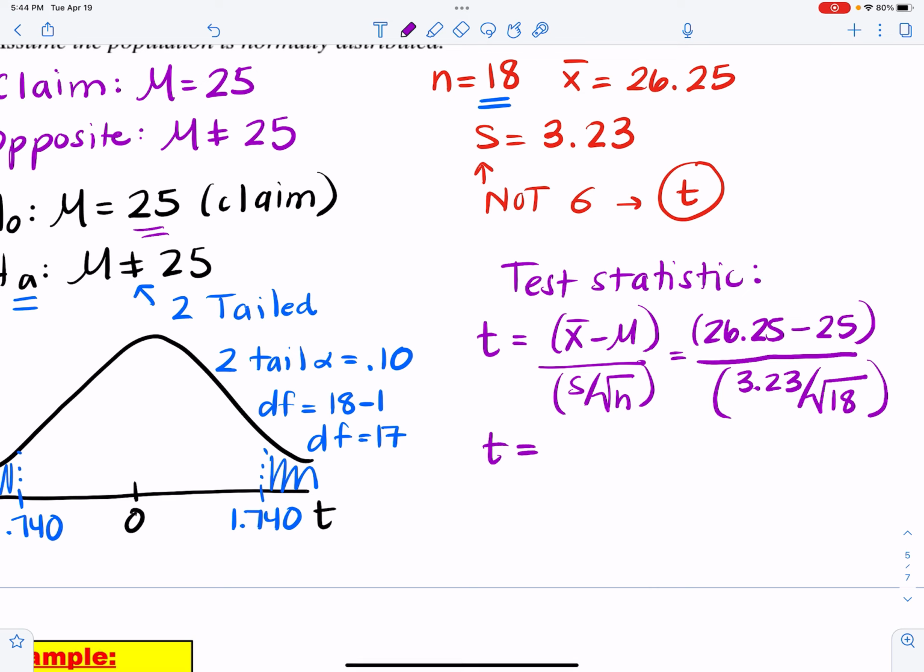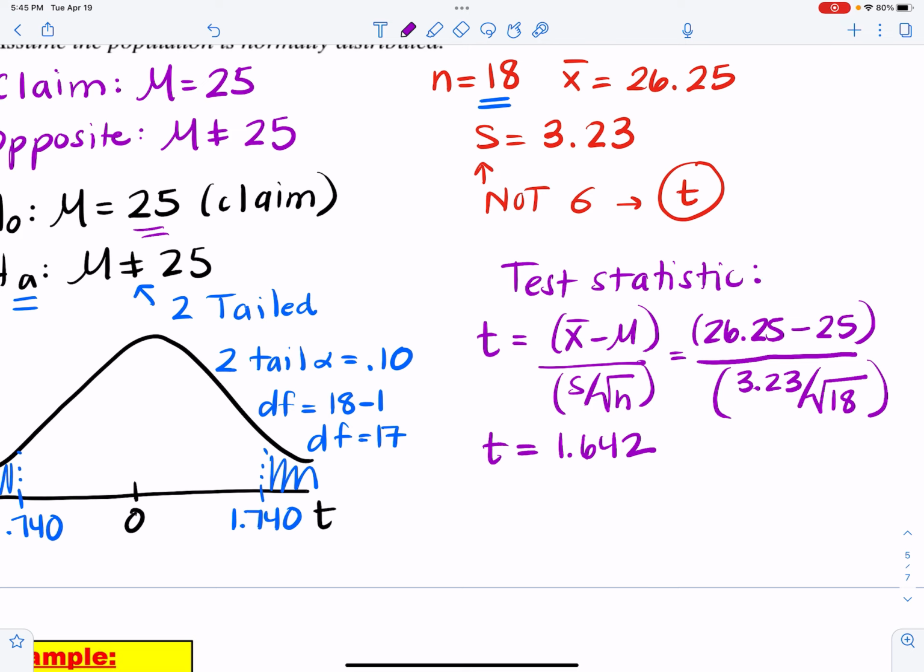Okay, so I'm going to calculate my value of T here. And if I round this, I'm going to round to 3 decimal places. My test statistic is 1.642.